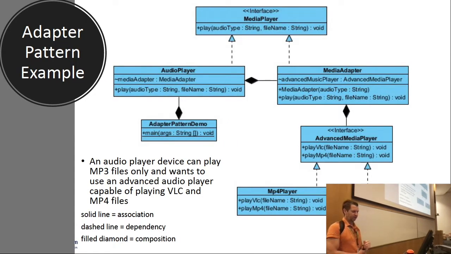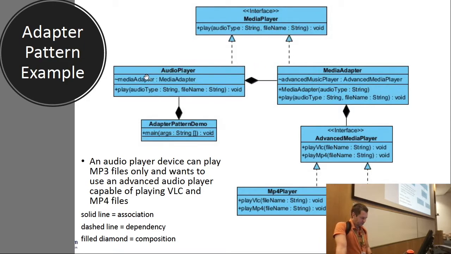Here's a UML representation of the adapter pattern being used. This is the interface, the media player, and it has a method called play. The audio player is dependent on the media player, and the media adapter is dependent on the media player.